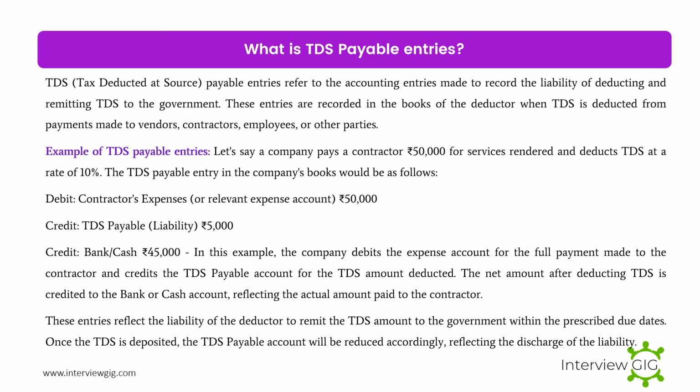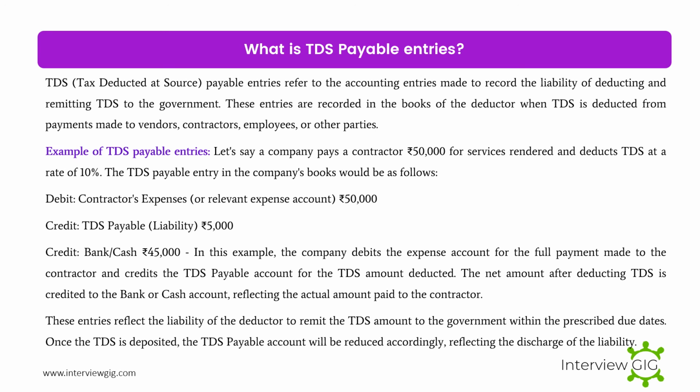Debit contractor's expenses or relevant expense account 50,000. Credit TDS payable liability 5,000. Credit bank/cash 45,000. In this example, the company debits the expense account for the full payment made to the contractor and credits the TDS payable account for the TDS amount deducted.